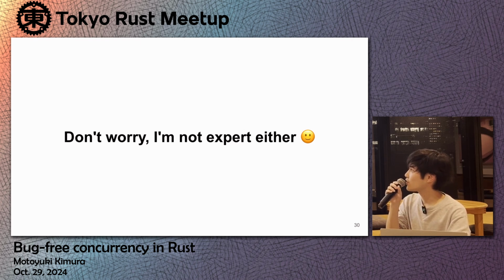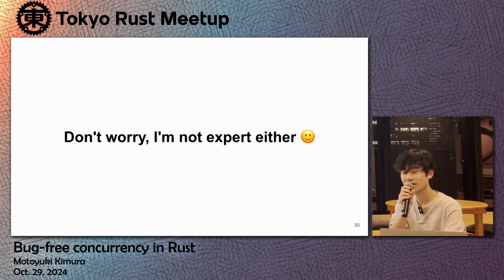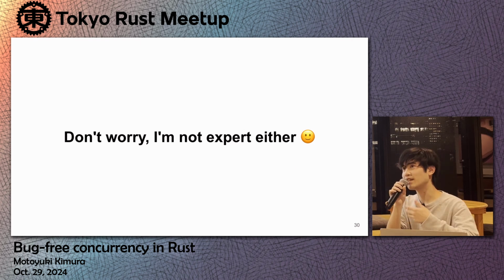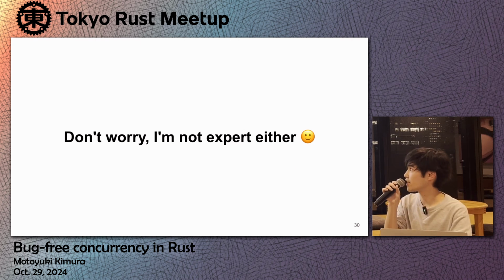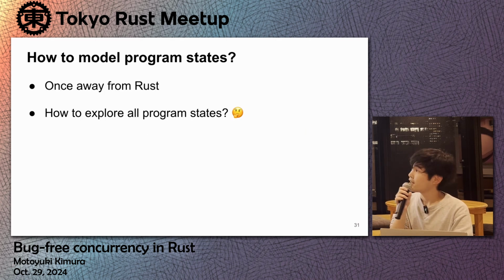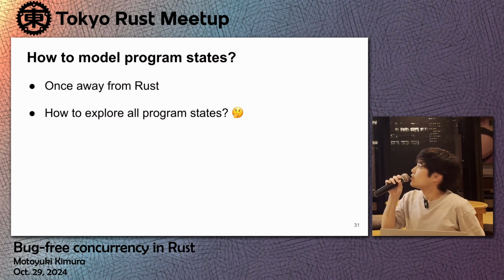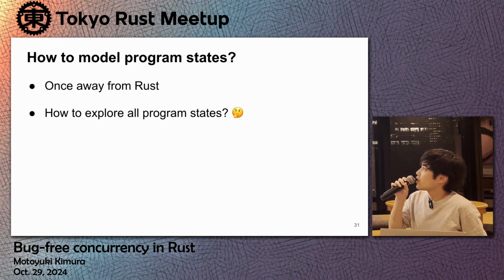In the rest of the talk, I will cover the Loom internals, how Loom works behind the scenes, but I will not dig into too much detail. Instead I will try to give you the basic idea of the technique. So let's get started. The rest of the talk is somewhat unrelated to Rust itself, and is more about model checking itself.